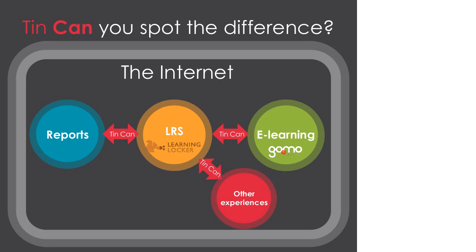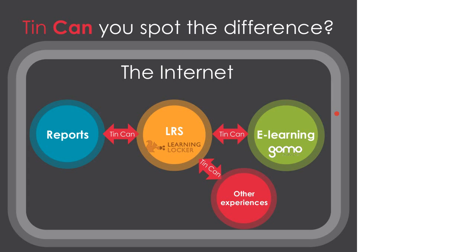So if you imagine you've got generic e-learning content, that might be hosted and updated and maintained by the people that produce that generic e-learning content, and that's been reported to on your particular LRS. You could also have multiple LRSs, so you could have data going off to another LRS that feeds into different reporting tools and different things like that.